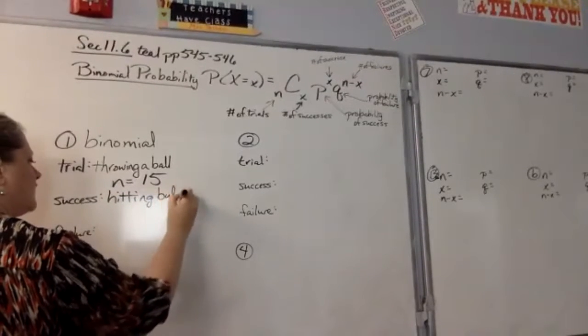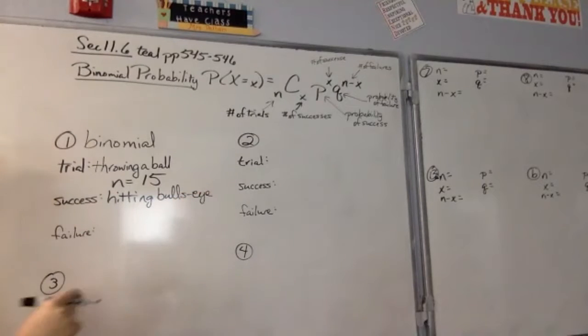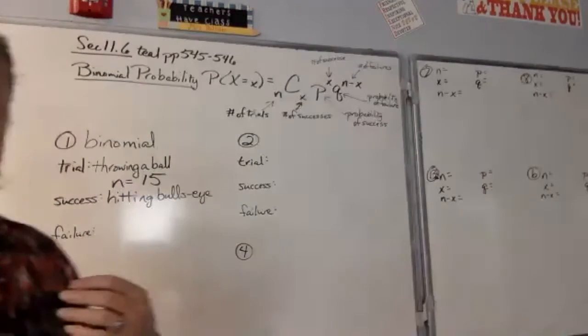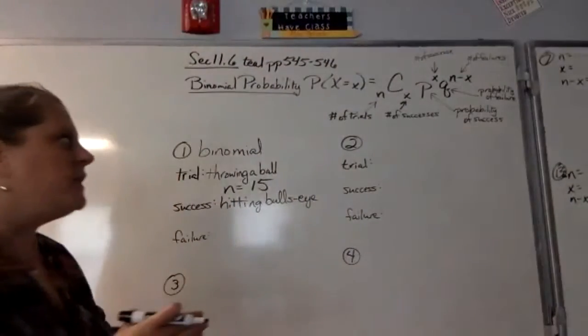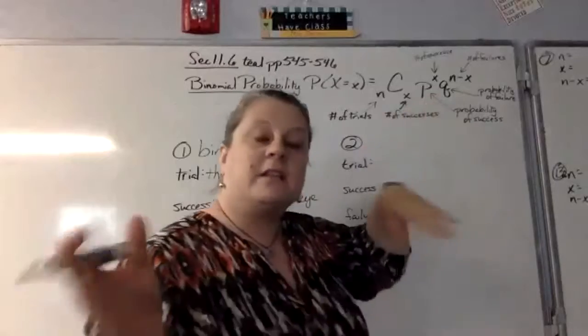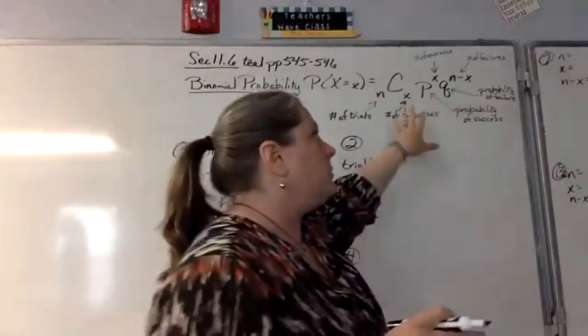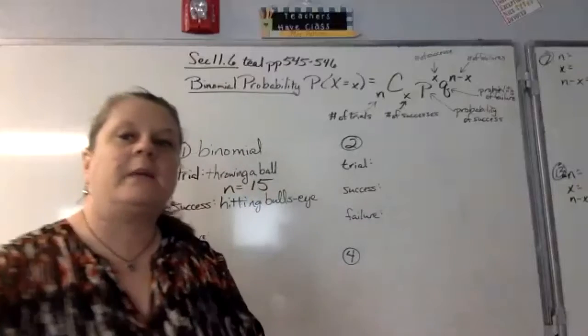Did it give us the probability for that? It said she did it how much? 60%. So our P, and we'll get to the formula here in a minute, the P that it's asking about is your probability of success. Now it's a percent.